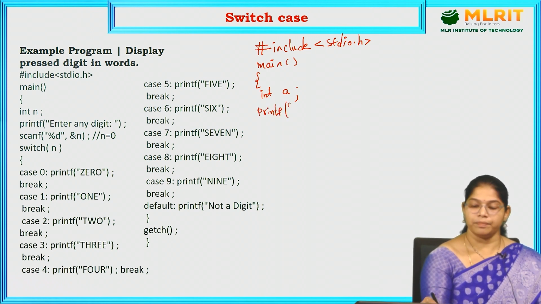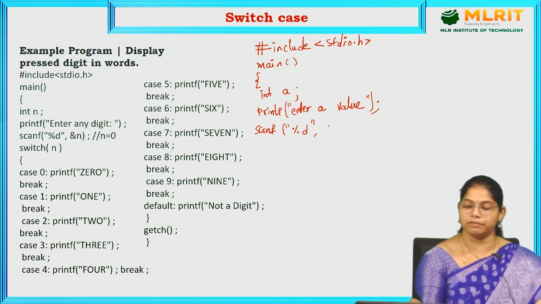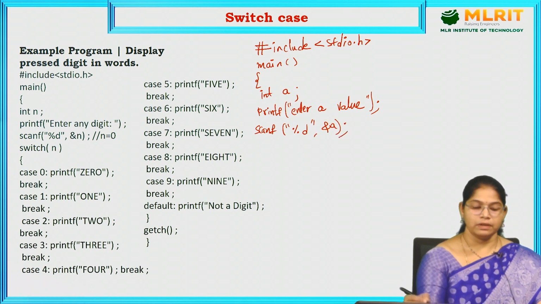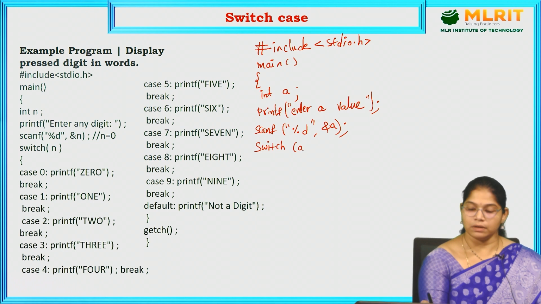Printf, enter a value. Then scanf, whatever value is given by the user, we have to read using a function called scanf, address of a. Then here I am taking a switch a.